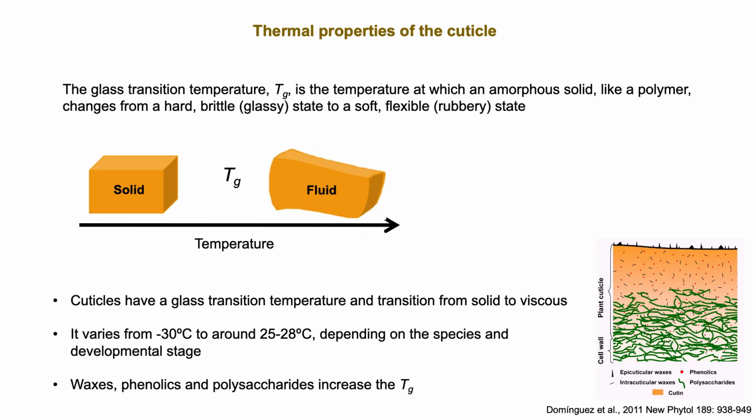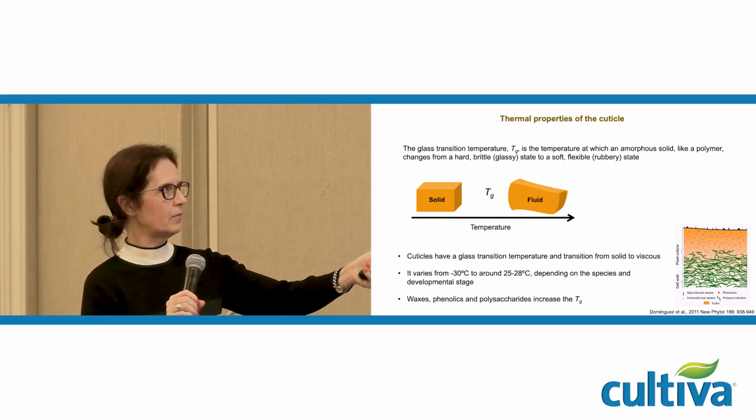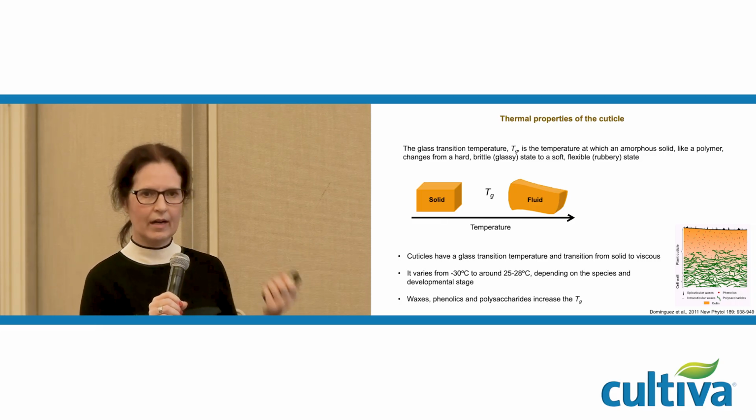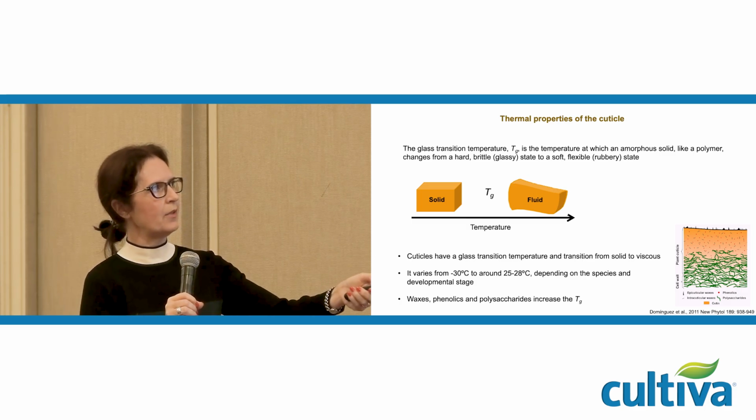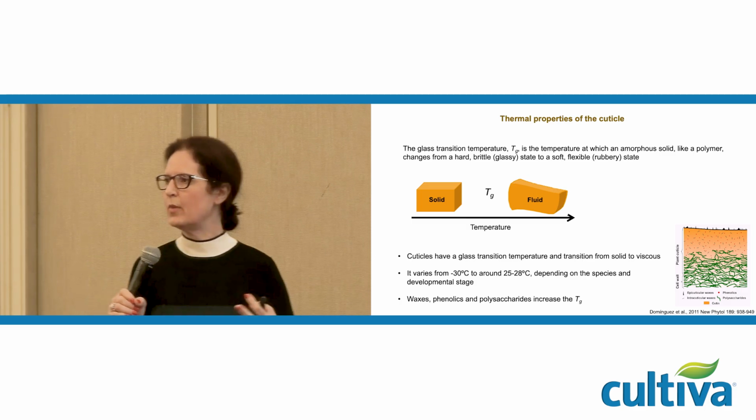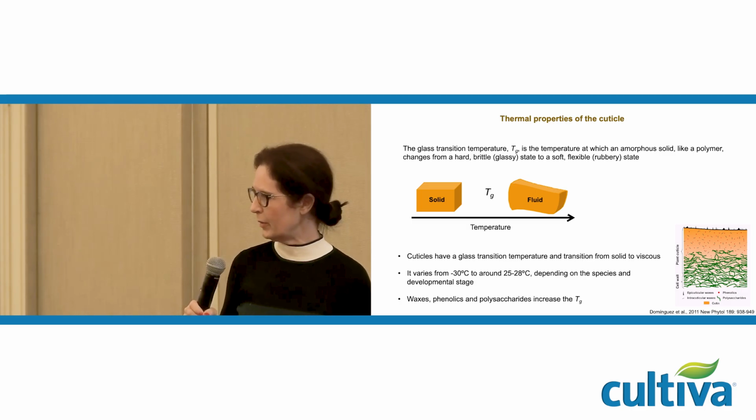Okay. Another property that is important for the thermal characteristics of the cuticle is the glass transition temperature. And what is that? Any polymeric material has the ability to switch between a solid state, something that is rigid, hard, brittle, and a rubbery state, something that is very fluid, very deformable.